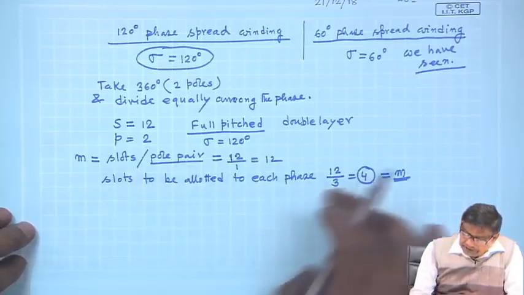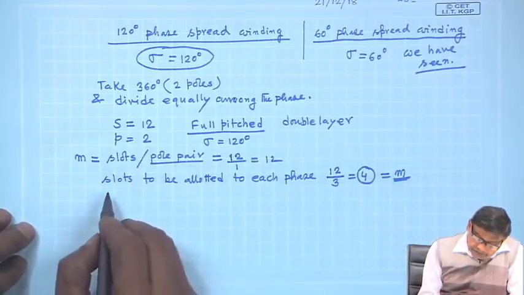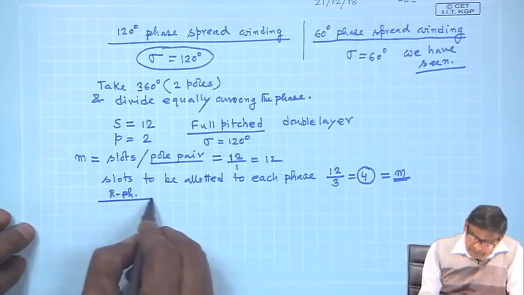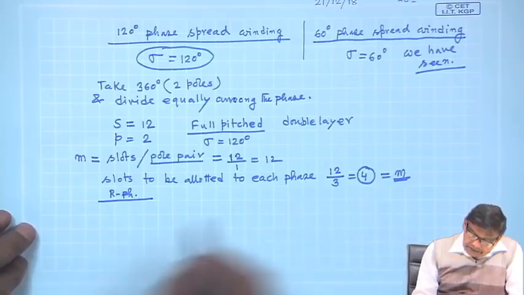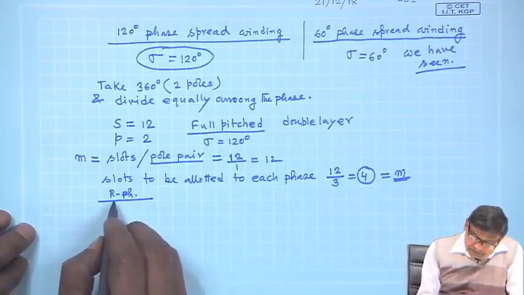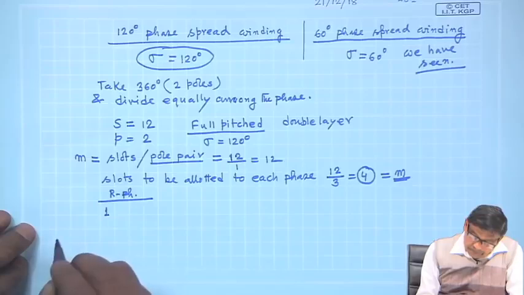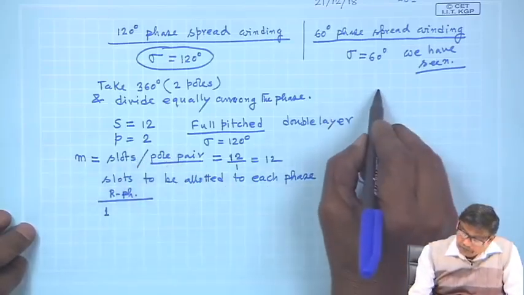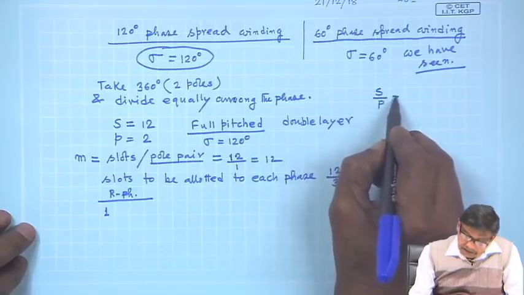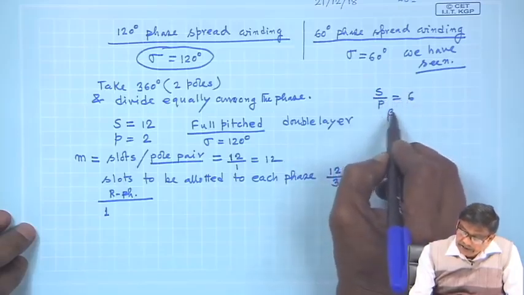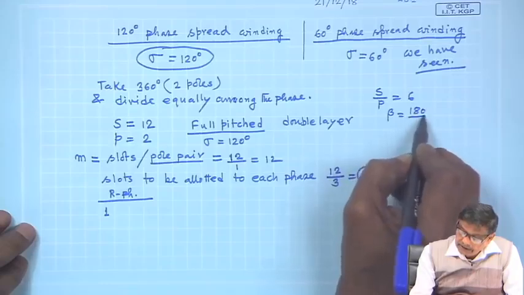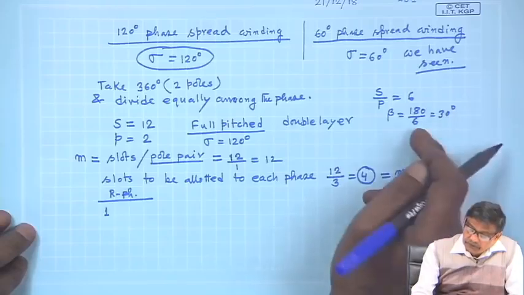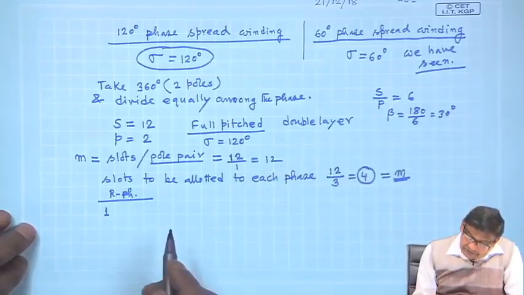So, what we will do is this, very simple, otherwise it is a 2 pole structure. So, I can complete that winding table in this space. Suppose R phase, you start for R phase with slot number 1, and incidentally we have calculated slots per pole is 6 and beta is equal to 180 by 6, 30 degree. Separation between two consecutive slots is 30 degree.